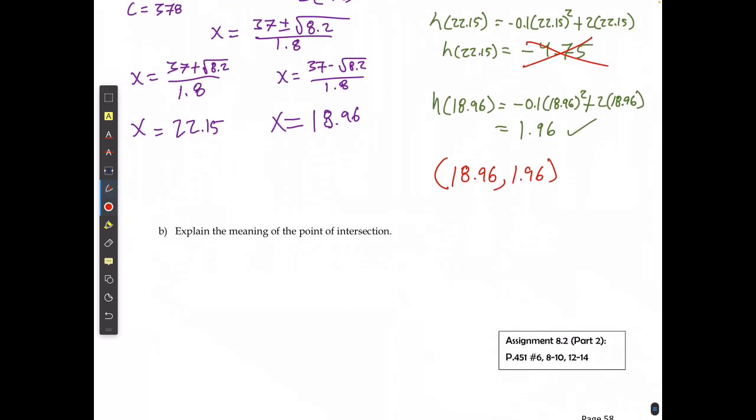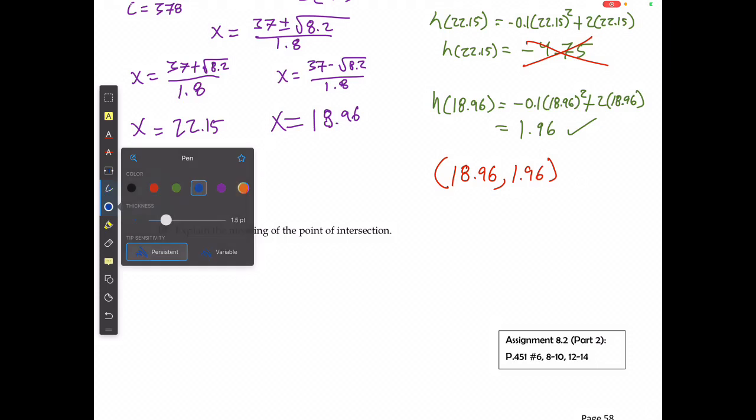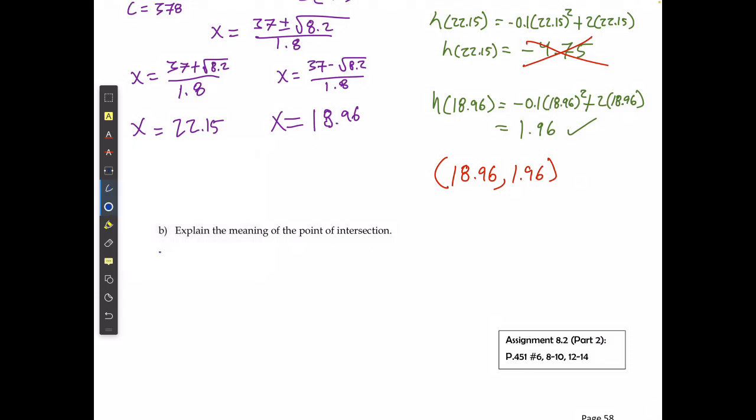Based on the context of the question, when it says explain the meaning of the point of intersection, it just means write as a sentence what the solution of this would actually represent.